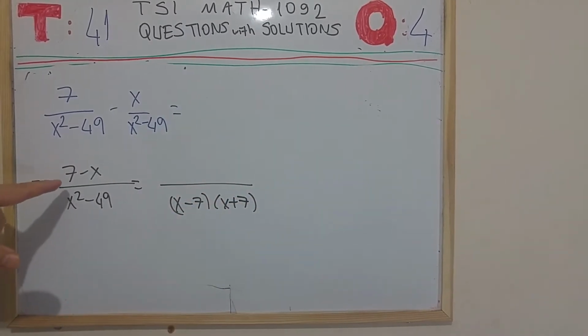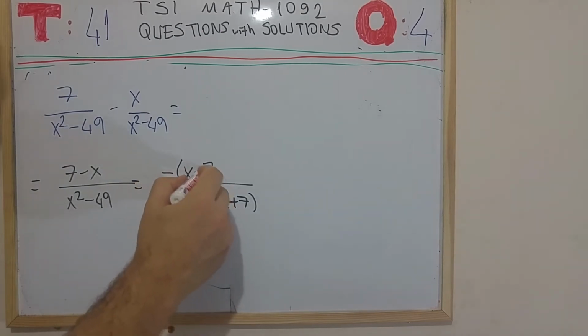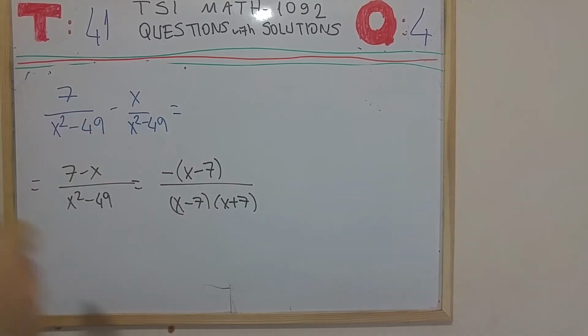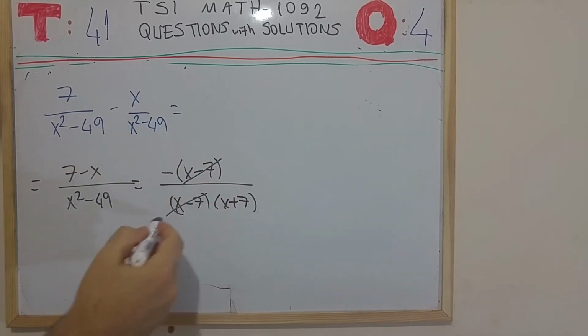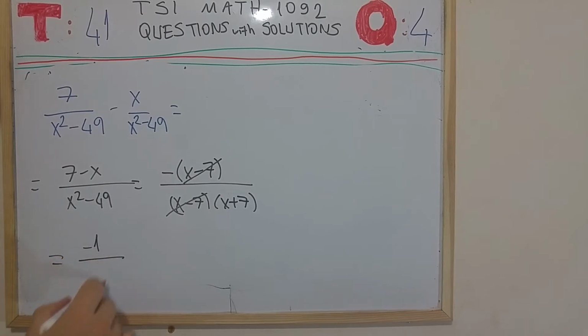And I can take minus 1 out of the parenthesis here, so it's going to become minus x minus 7. At this point, I can cancel x minus 7 out. What I'm going to have is minus 1 over x plus 7.